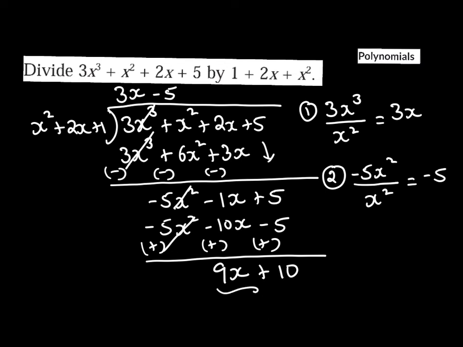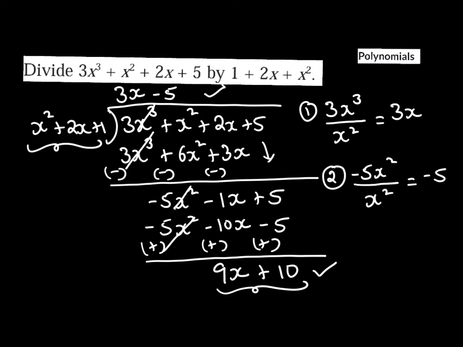Now the degree of this dividend is less than the degree of the divisor, so we stop. So the quotient is 3x minus 5. The remainder is 9x plus 10. This is how we divide one polynomial by another polynomial.